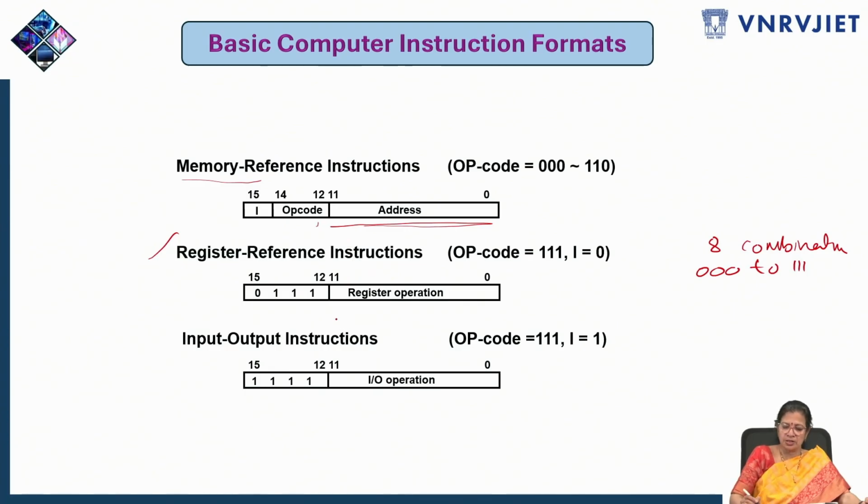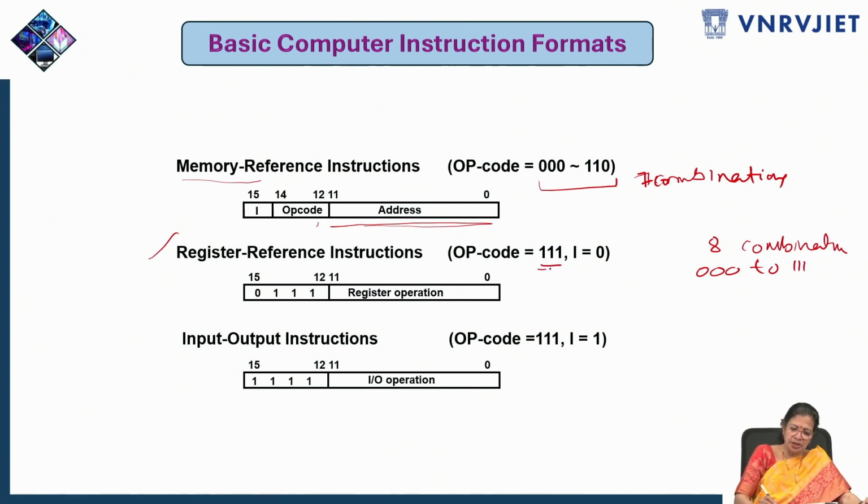For that purpose, the memory reference instructions make use of only 7 combinations, 000 to 110. So it has only 7 instructions, which we can use with direct addressing as well as indirect addressing.